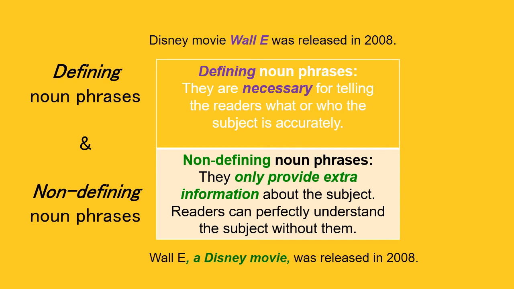What if the sentence were, this movie was released in 2008? The readers would not understand what the subject is about. All they can tell is it is one of the Disney movies, but the readers will not be sure which movie it is.